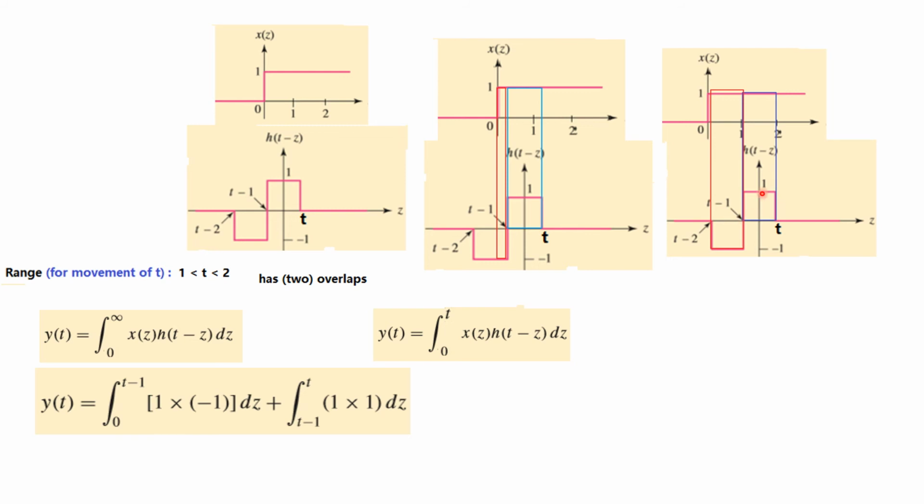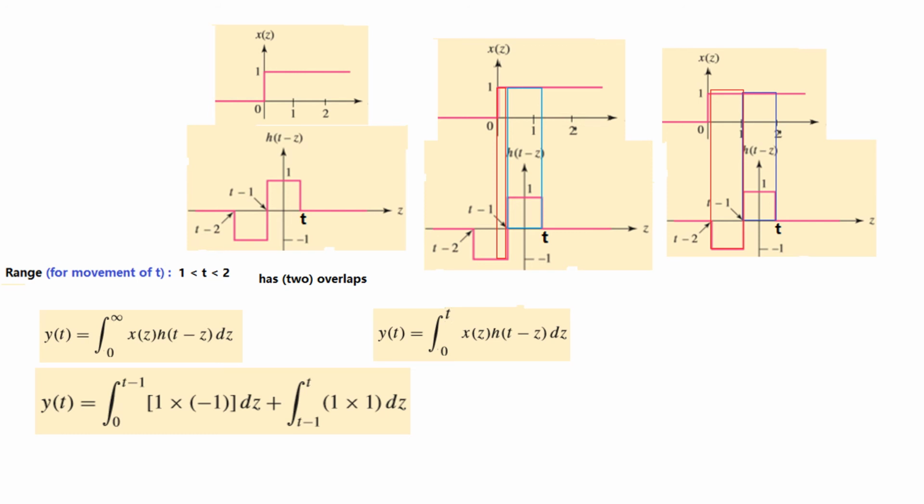So for this graph it is t minus 1 to t, and for this graph it is from 0 to t minus 1. So this is how we can break it: the first one from 0 to t minus 1, and the second one from t minus 1 to t, that is the integral.